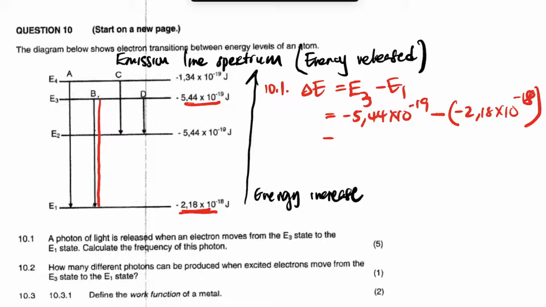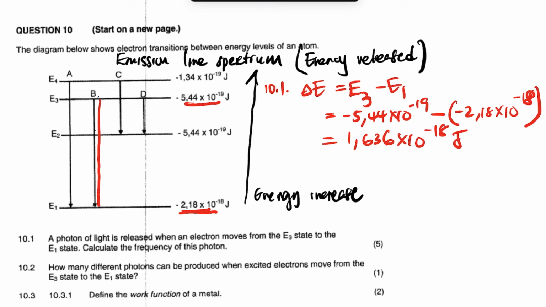Did I calculate it right? Yep, it's 1,636 times 10 to the power negative 18. That's the energy that is released.